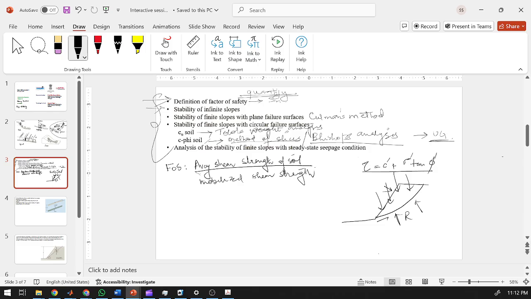If the loading is less than the maximum strength, we say that it's the mobilized shear strength.